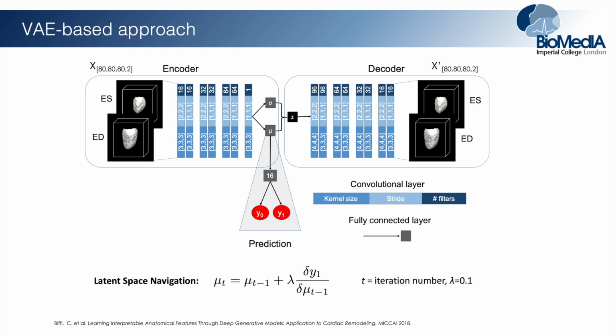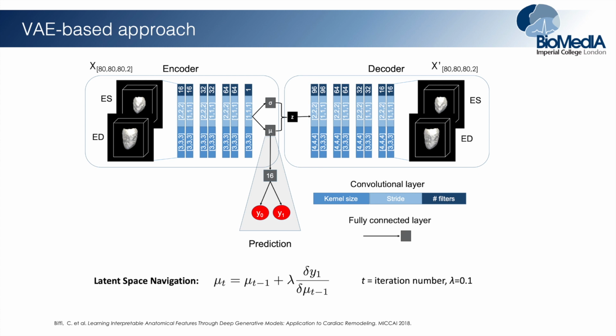This is easy to get because we can compute the derivative with respect to the class label y1 of mu t, which is our representation, and this will point in this latent space towards the direction that maximizes the probability to be classified as pathological.